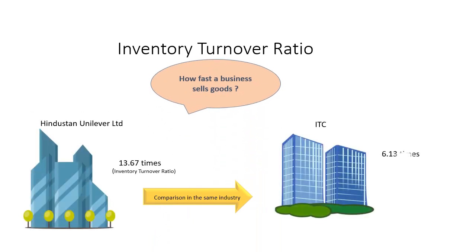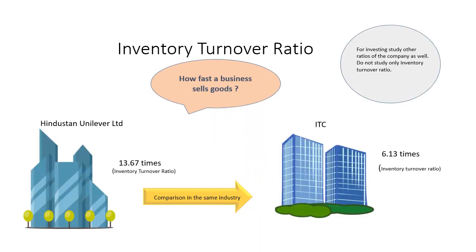Inventory turnover ratio shows how fast the products of a business are being sold. Before taking investing decision in any business, we should compare and analyze two businesses in the same industry. For example, in the slide we have taken FMCG industry into consideration, and under that we have taken HUL and ITC as examples.